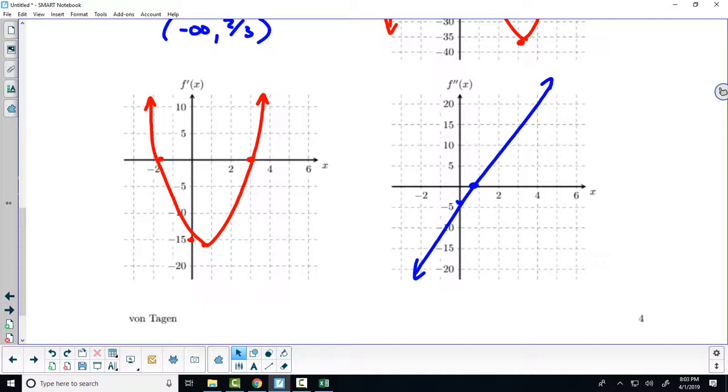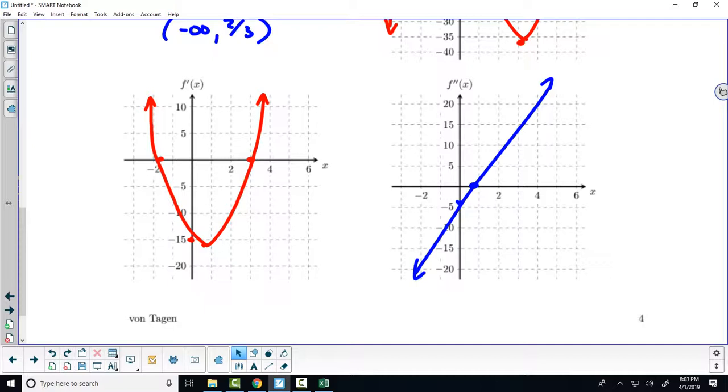So you can only look one level up with these graphs, and you can look 2 levels down with them. That's true as well. But notice, looking at the second derivative, I can't tell anything about where the original function's increasing or decreasing.